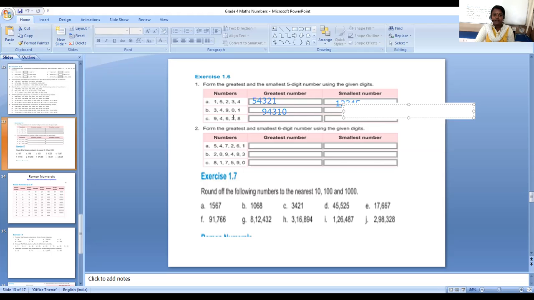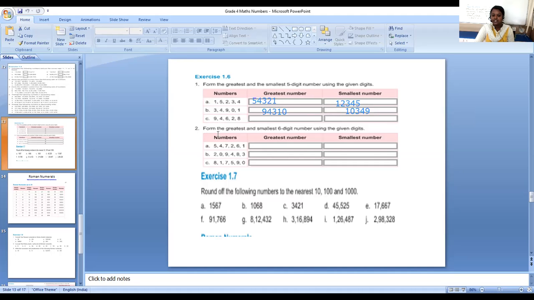But we will not consider 0 first since it doesn't have any value when placed before any digit. So we would write the next smallest number, that is 1, followed by 0, which has to be placed in the second position, then 3, 4, 9. So the smallest number is 10,349. Similarly, try question C independently.